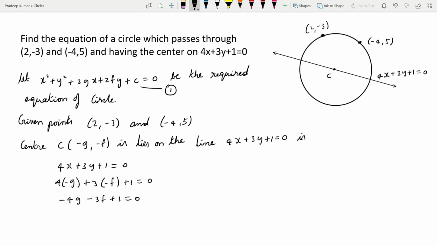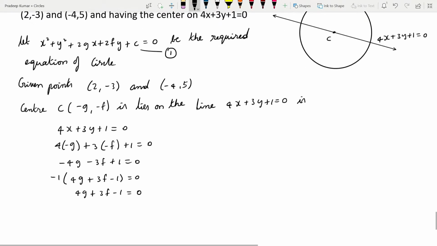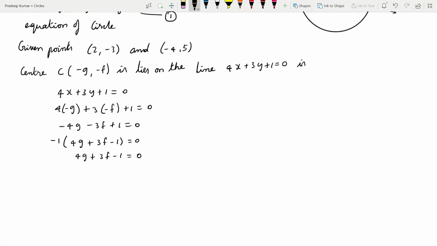If I take -1 common, we'll be left with 4g + 3f - 1 = 0, where 0 times -1 is just 0. Alright, so this is one of the equations which we got. Let's say this is equation number 2.